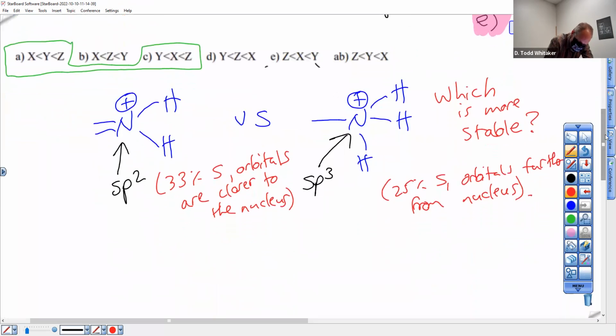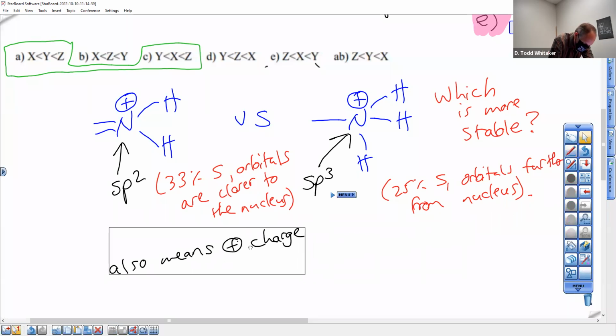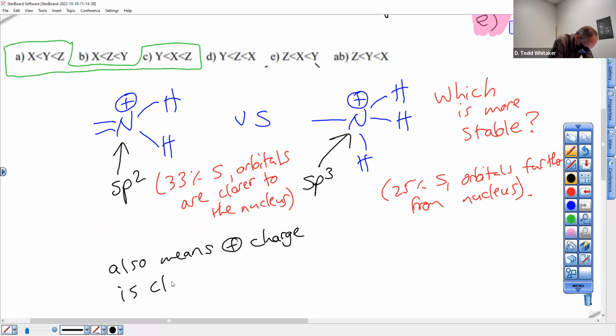This also means the plus charge is closer to the nucleus. Are you happy to hear that? Is that a good situation?